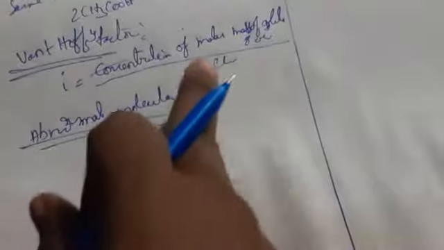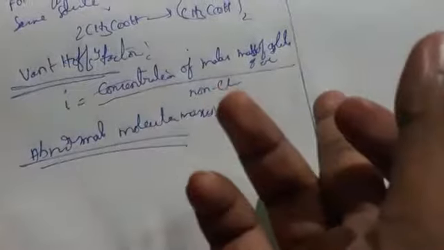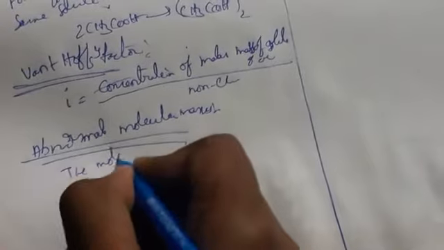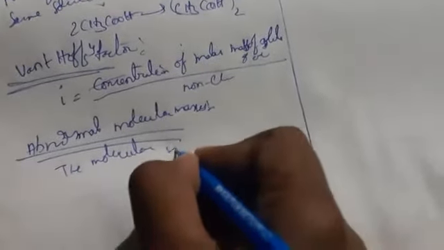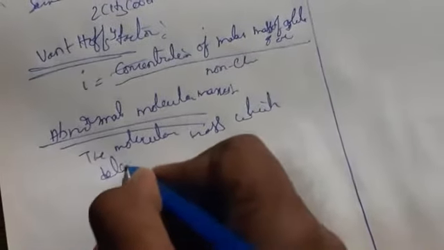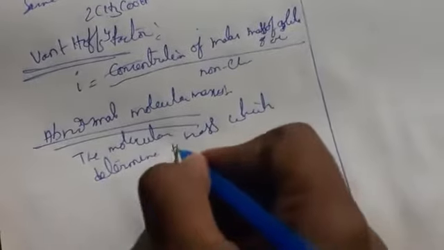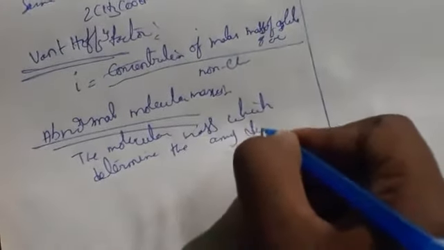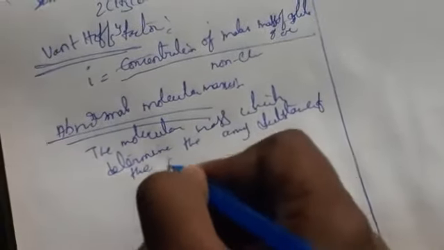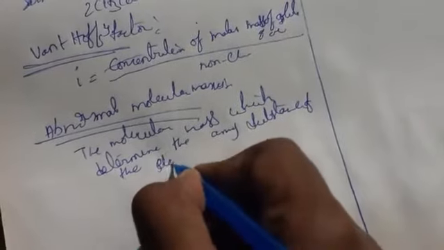Abnormal molecular mass means the molecular mass which is determined for any substance of the electrolyte. This one we call abnormal molecular mass.